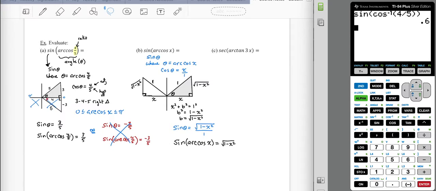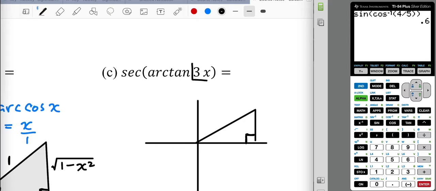All right, so part C, same idea. We're going to draw a picture. We'll just draw it from scratch here. As we know, we're dealing with a ratio, or we should know now.